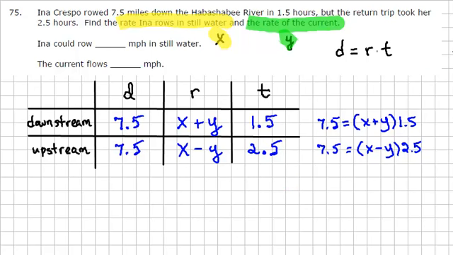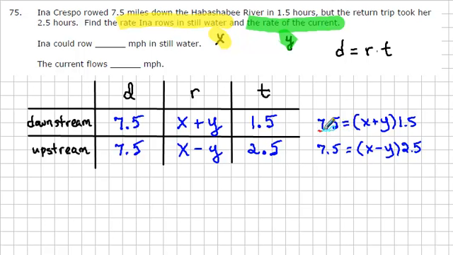Now what I notice is that y and minus y are opposites, so it would be real nice if we could add these equations together, but unfortunately we have a 1.5 that's being multiplied by one and 2.5 that's being multiplied by the other. So let's go ahead and divide both sides of the first equation by 1.5 and divide both sides of the second equation by 2.5.